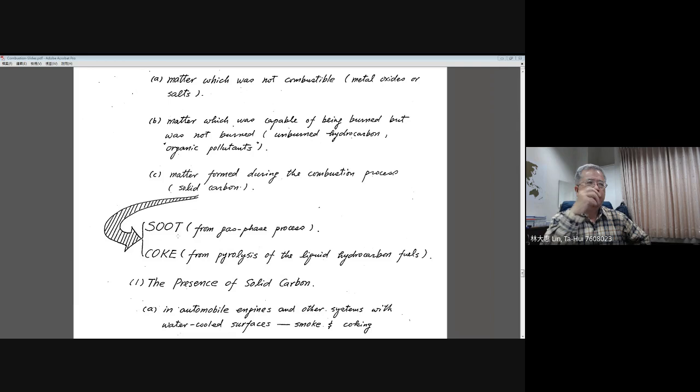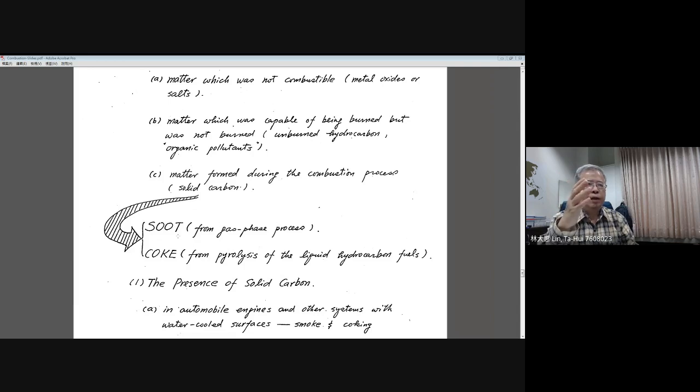Coke means solid particles formed when the combustion chamber is a confined chamber, and usually, especially for automobile engines, they use water to cool the combustion chamber surface, which has a lower temperature. That means one part of the surface is very hot, and the other portion is very cold.